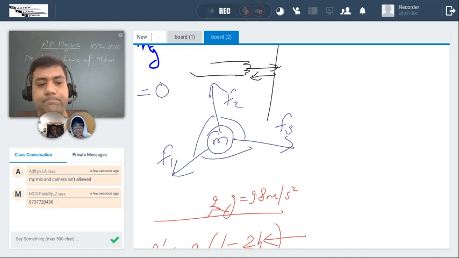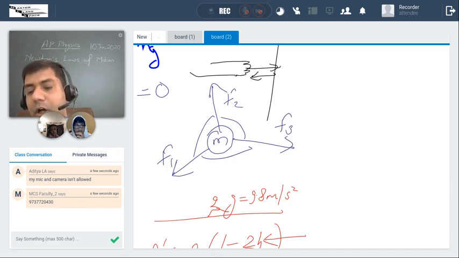Because the summation of all the forces, once you do vector addition, equals 0. That's what I wanted to hear. Very good. If you do the vector addition, it comes out to be 0. Do you know how to do vector addition, guys?